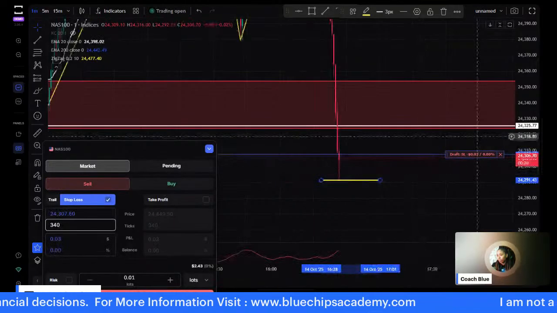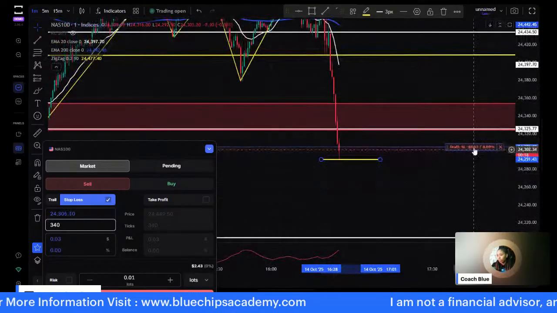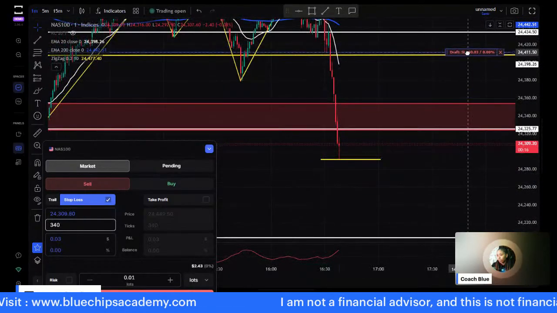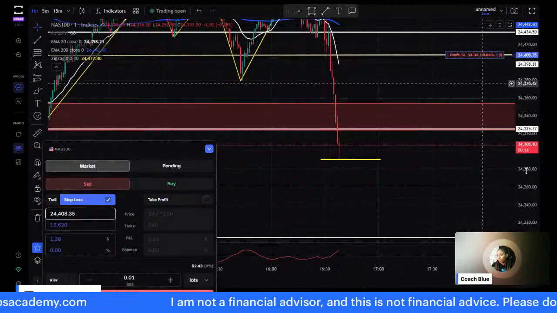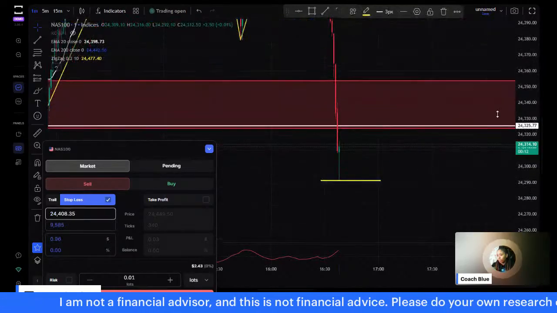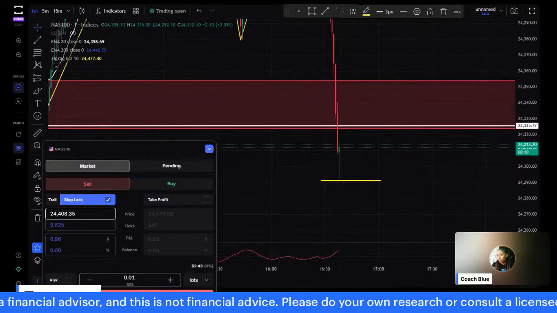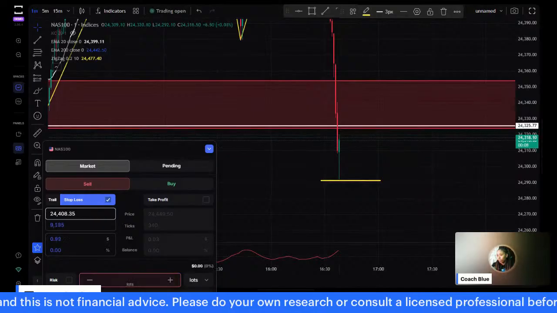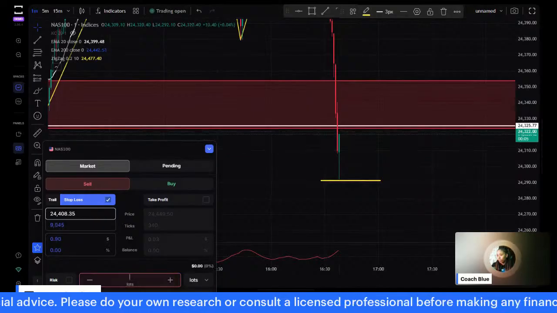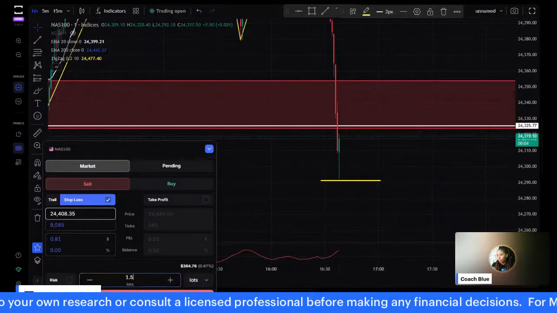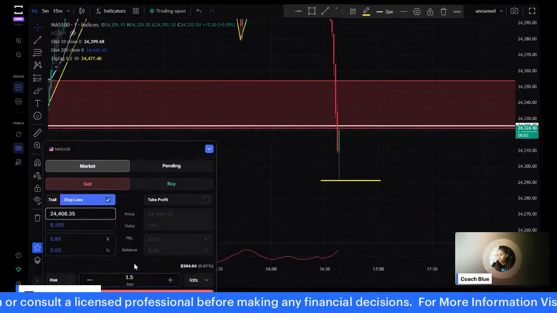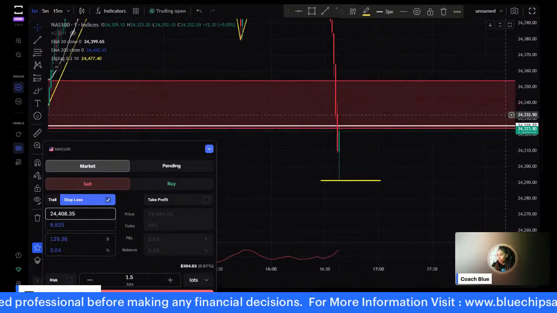Stop loss is going to be up here, looking at like 24,408 for my stop loss. Make sure you are conscious of your risk management when you are taking those trades.